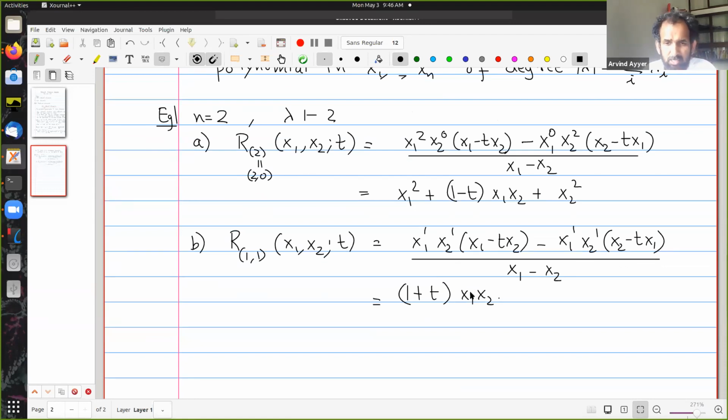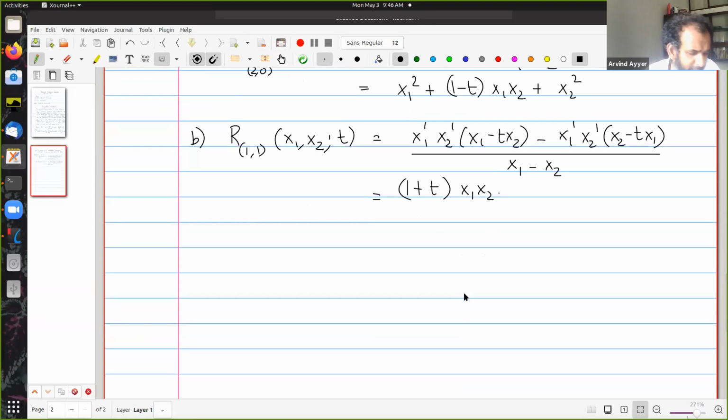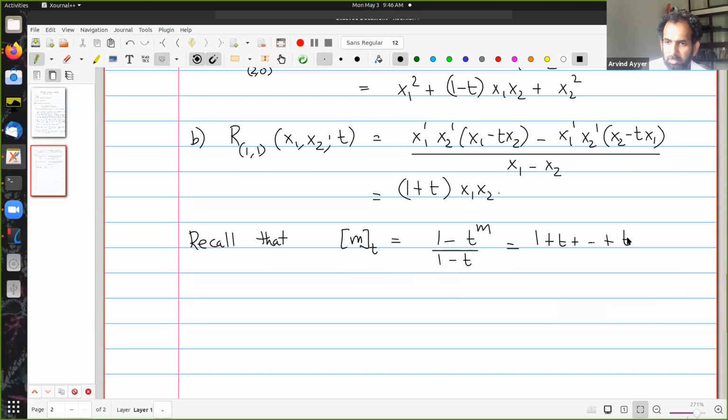So what is the general structure of these R lambdas? Let me explain that. Let me recall some notation. I don't know if Amri defined the t integers. So recall that n t is 1 minus t to the n over 1 minus t, which is 1 plus t, etc., plus t to the n minus 1, the definition.